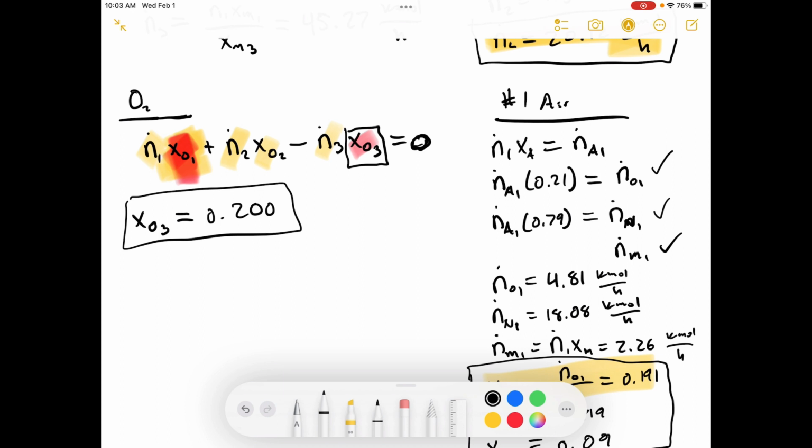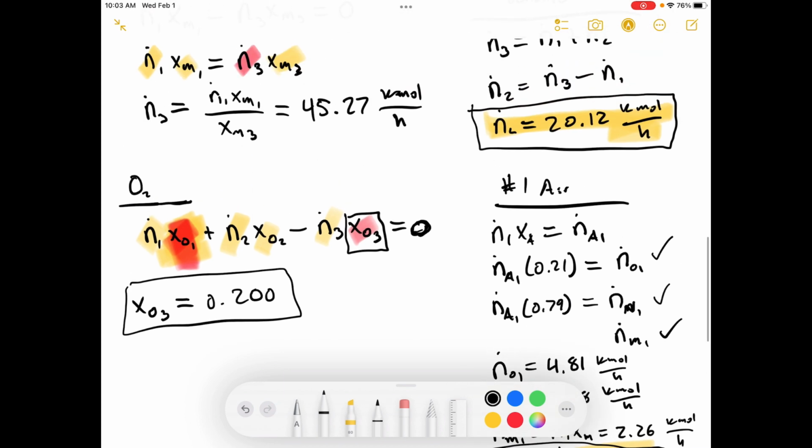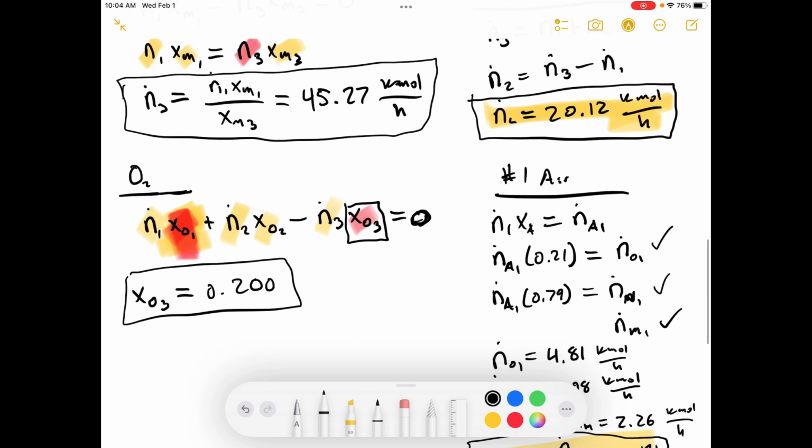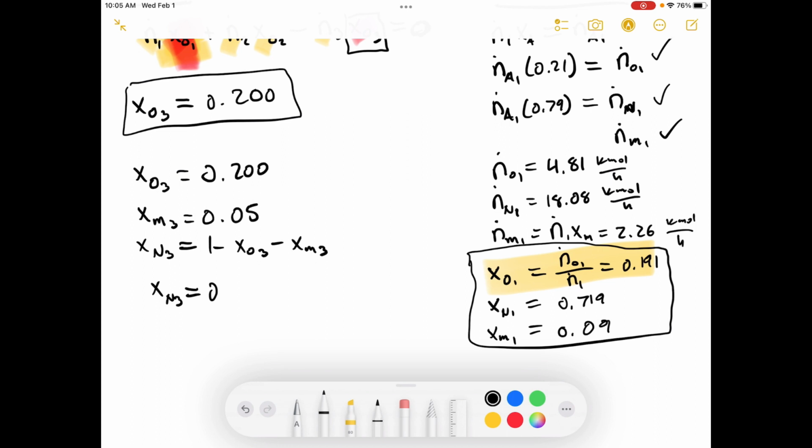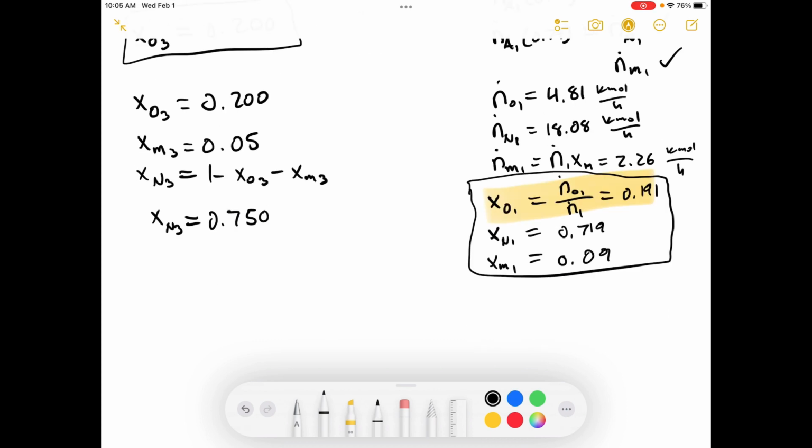And in order to do that, we need to calculate the average molecular weight of the outgoing stream so that we can convert this molar flow rate into a mass flow rate. Okay, so in order to do that, we need to know the mole fraction of each component in stream 3. Okay, so now we have the different components.